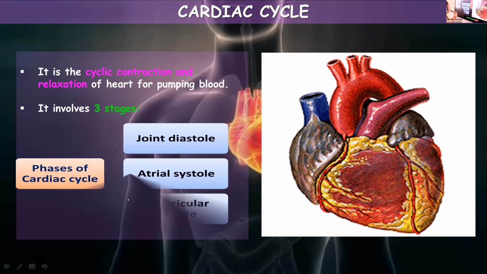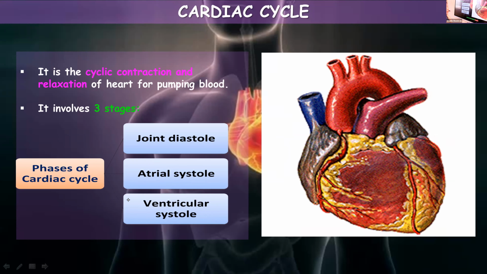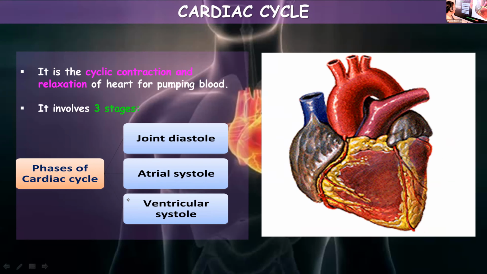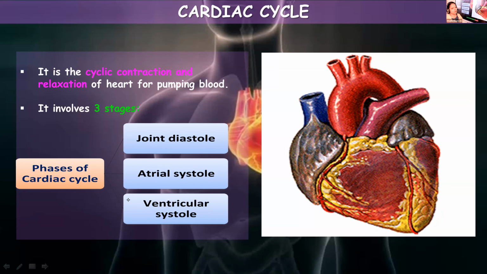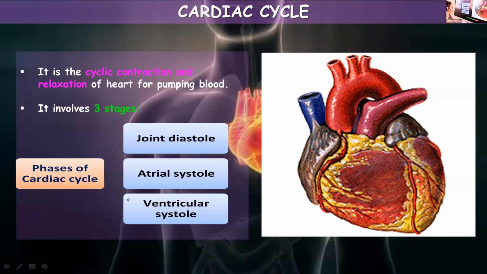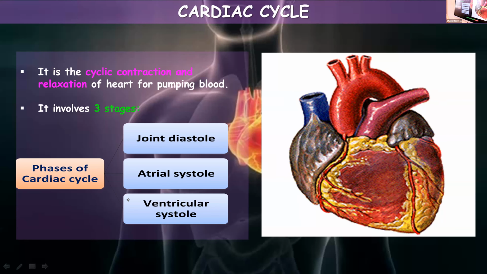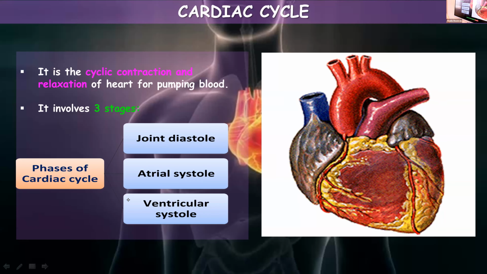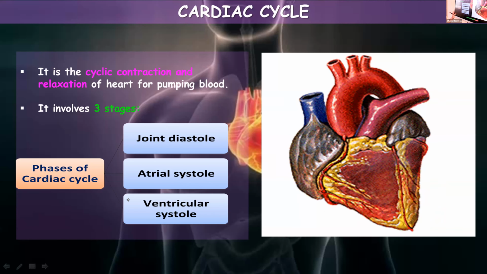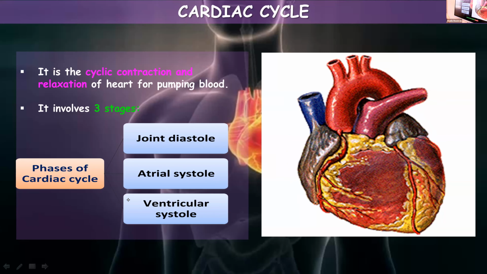And there are three main stages in the cardiac cycle: joint diastole, atrial systole, ventricular systole.